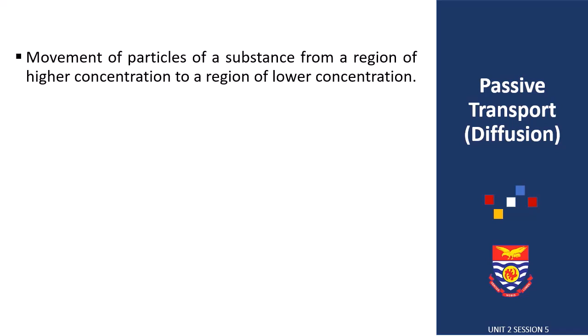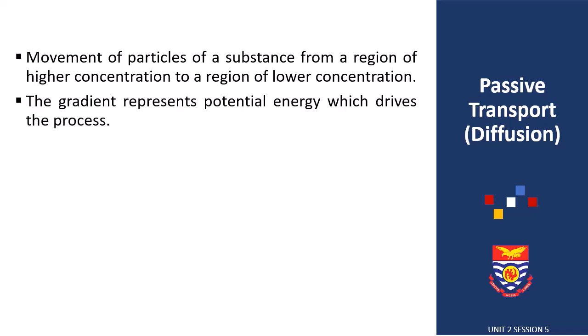So any substance will diffuse down its concentration gradient, and the concentration gradient is the region along which the density of the chemical substance decreases. So the gradient represents the potential energy, and this potential energy drives the diffusion process.